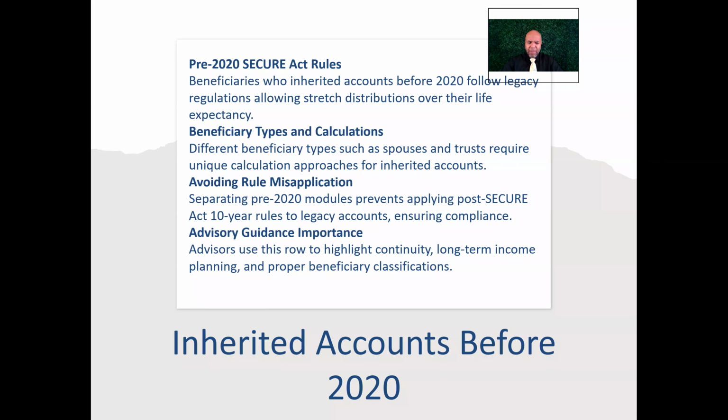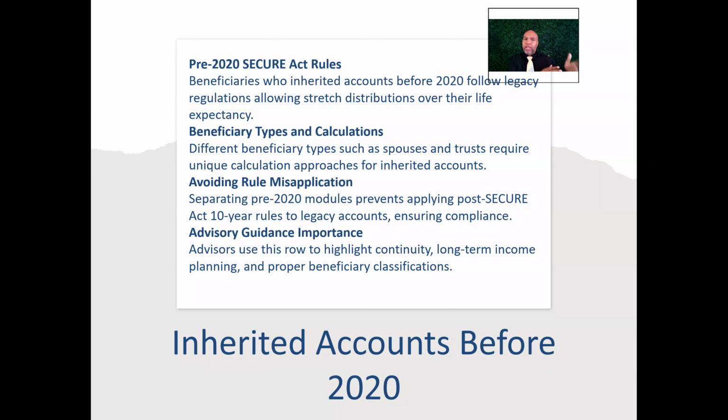You can have various beneficiary types. You can have spouses, non-spouses, you can have trusts and things like that. So each one requires a unique approach based off of that particular inherited account. And so with these legacy rules, we have to be very careful about what's going on and what's happening.